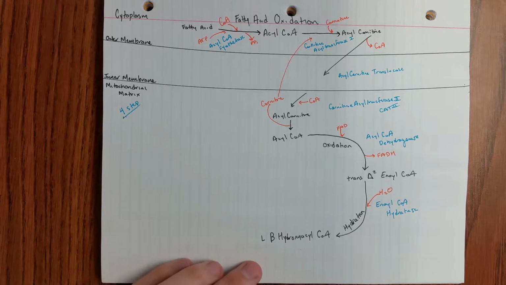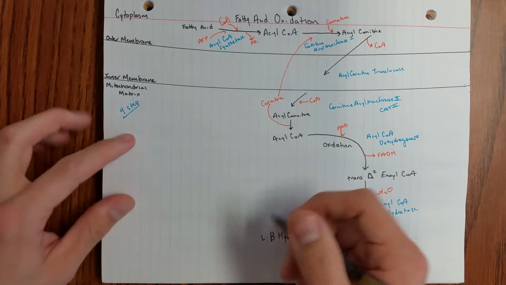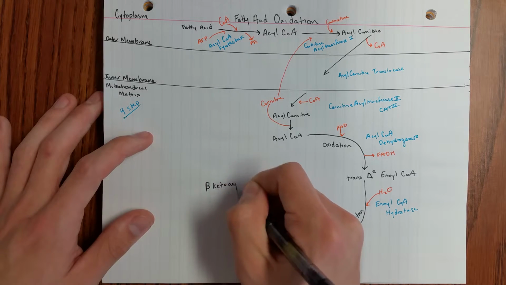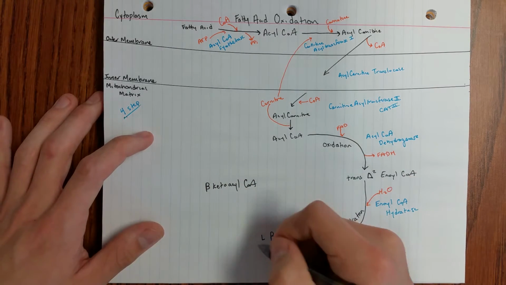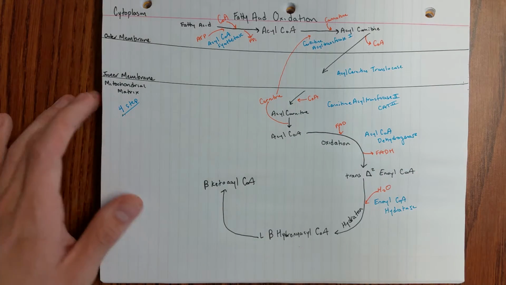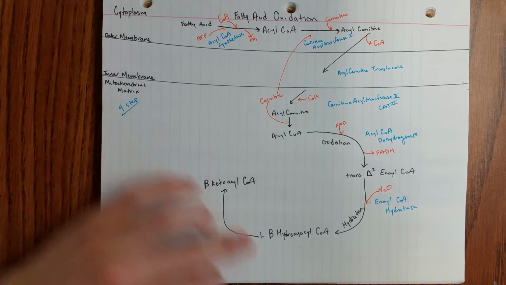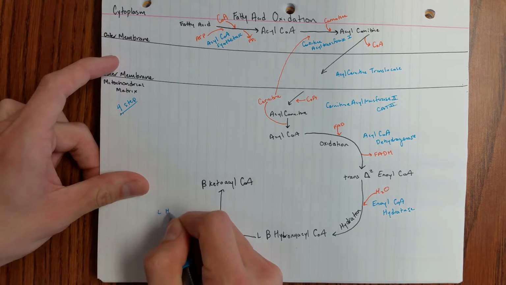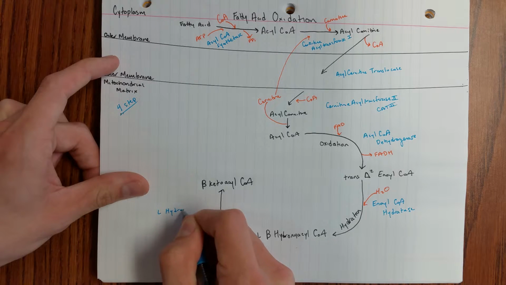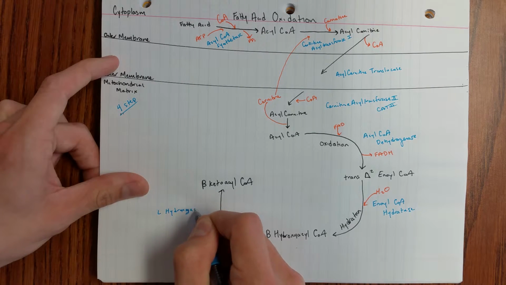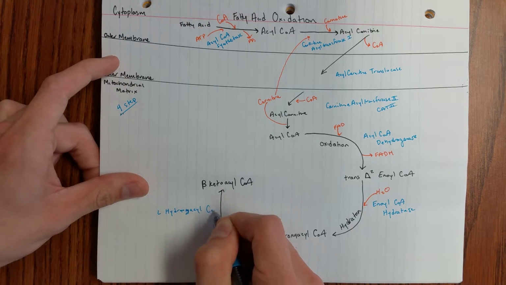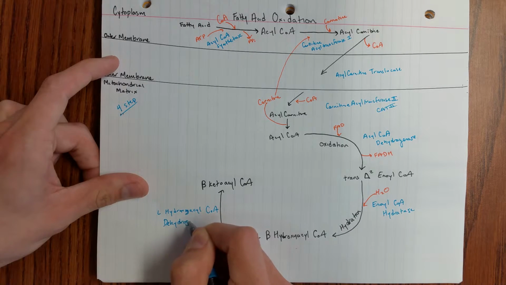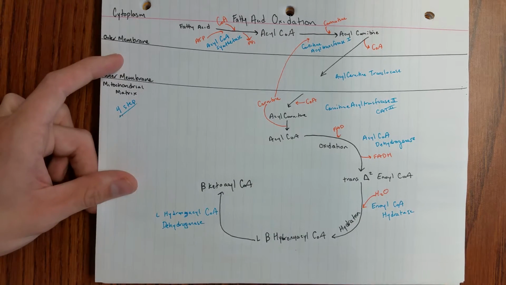And then L-beta hydroxyacyl CoA turns into beta ketoacyl CoA. So we'll draw an arrow here. Almost finished with the cycle. An enzyme, L-hydroxyacyl CoA dehydrogenase, is what helps this occur.